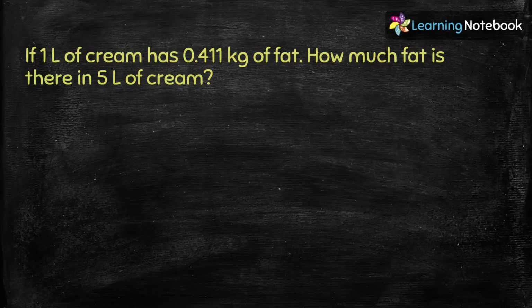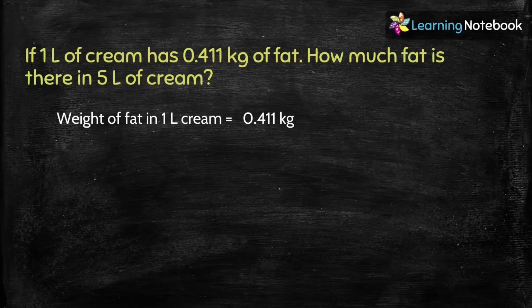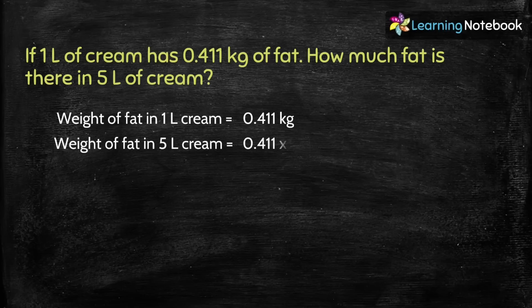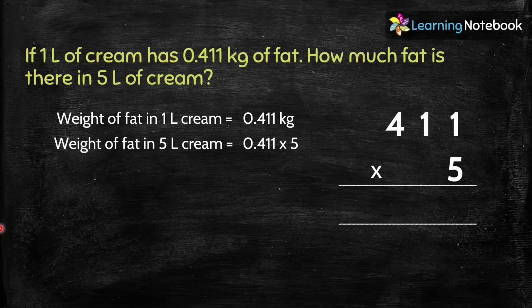So let's write the statements first. Weight of fat in 1 liter cream equals to 0.411 kilogram. So weight of fat in 5 liter cream would be 0.411 multiplied by 5. So let's multiply. First we will multiply the decimal number as we multiply the whole numbers, like without decimal point.